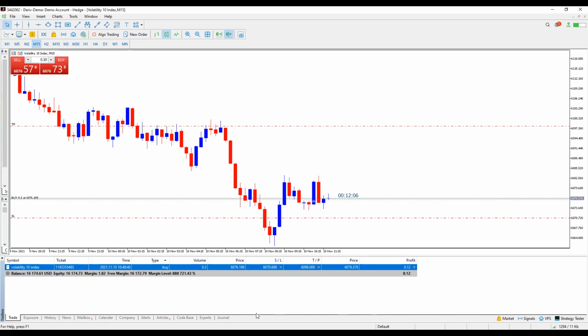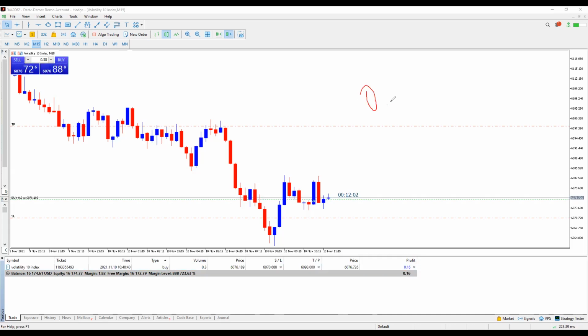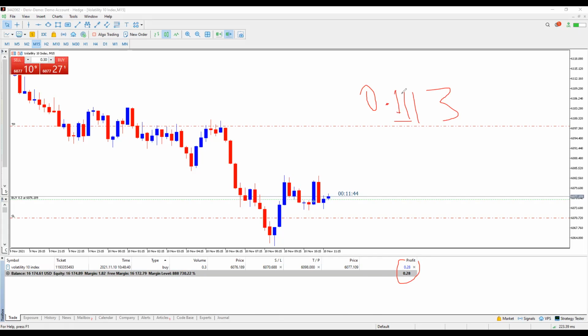Let me just annotate it. You're going to get 0.1113. As you can see, the number keeps on fluctuating here, but I think you get the idea. I'm going to round off to the first two decimal places after the comma, so we have 0.11.